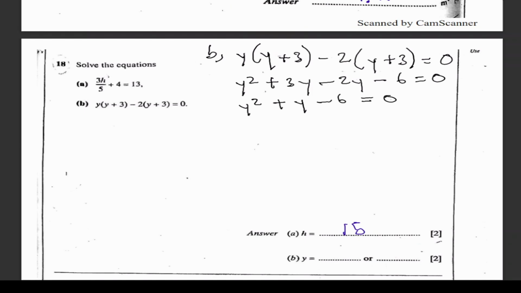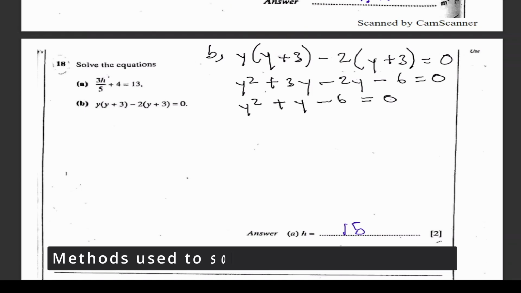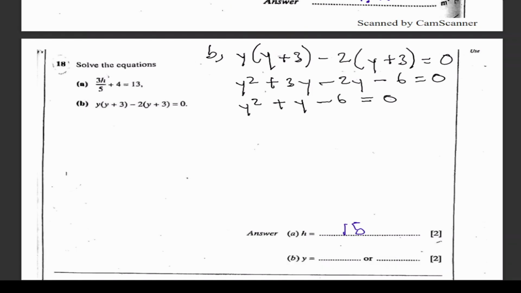Because the highest power of our variable y is 2, this is a quadratic equation. And for quadratic equations, we have 3 methods. Method number 1, factorization. Method number 2, using the quadratic formula.